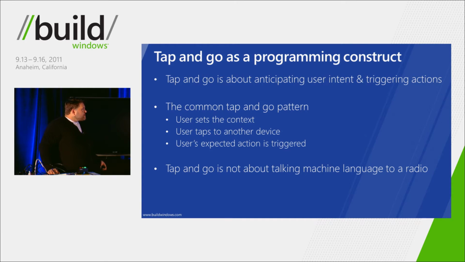So this common tap and go pattern really is about figuring out what's going on, because there's a lot of things that can go on the PC. You might be in one app, you might be in another app, you might be looking at this thing, you might be looking at that thing. So with the user and the developer and Windows, we're effectively figuring out the context that the user's intent is sort of targeted at for that tap action.